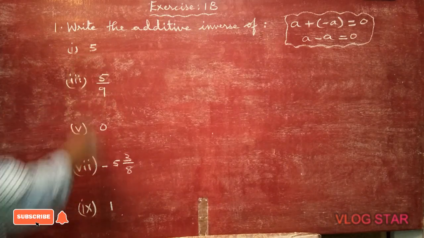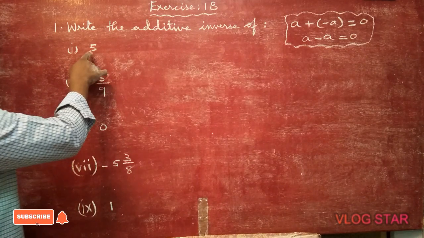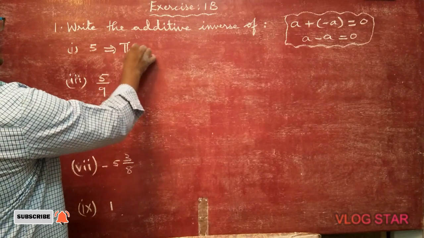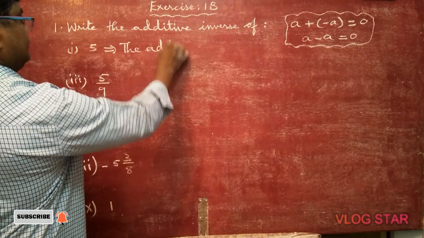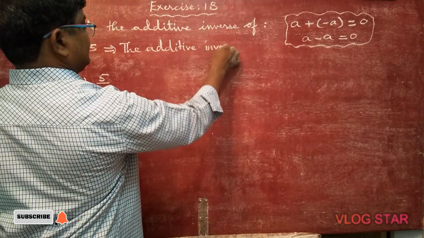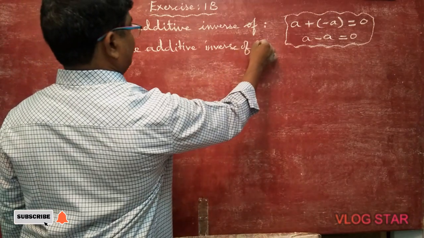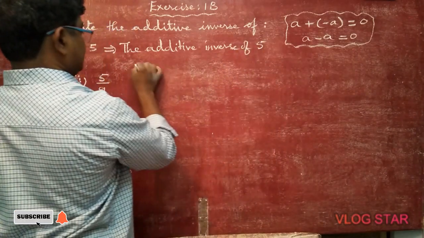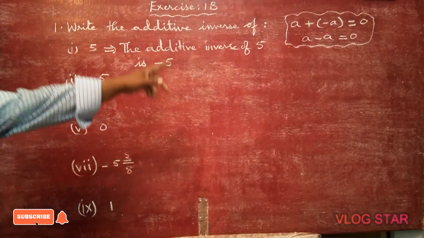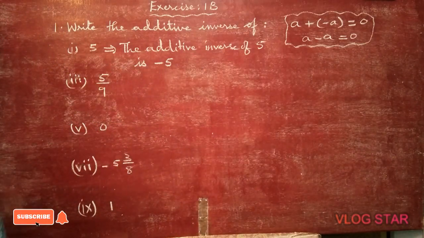Now, for 5, they are asking what is the additive inverse of 5. The additive inverse of 5 is minus 5, just the quite opposite sign.